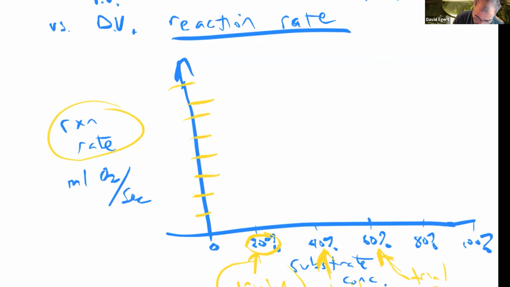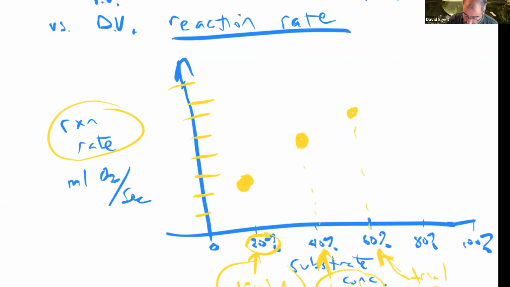So for trial 1, we're going to have one number that is the reaction rate for that trial. For trial 2, we're going to have to make another graph of time versus oxygen in mils, draw a best fit line, and calculate a slope. Ultimately, that slope is going to be our reaction rate.